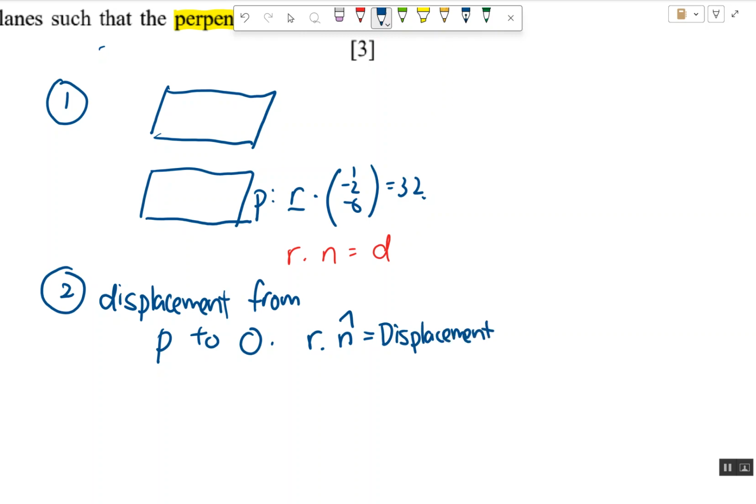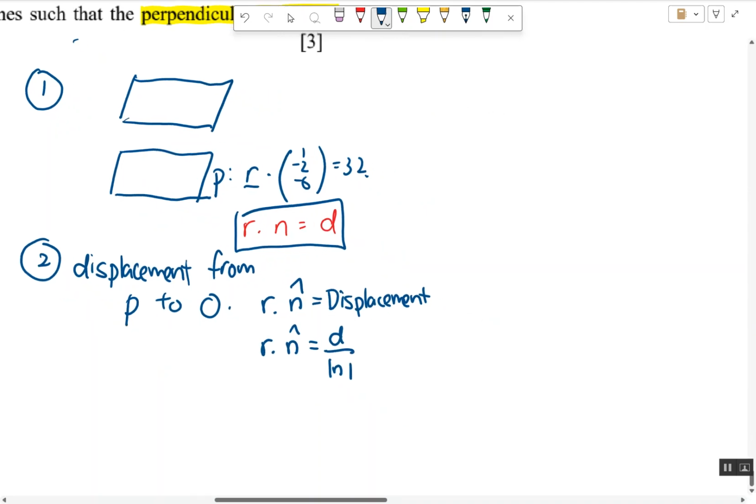And how do I get n hat from r dot n? I need to divide by the magnitude of n. So in a way, r dot n hat is the same as your d, which is the 32, over the magnitude of n. D over magnitude of n is 32 over the magnitude of the normal (1, -2, -6), and you are going to get 32 over square root 41.